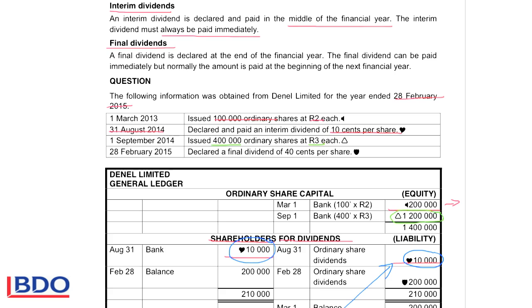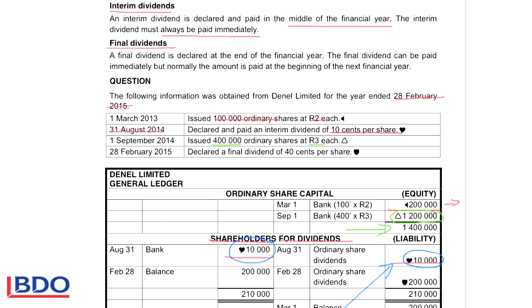Now we've got the 200,000 from the previous year, plus the 1.2 million for the current year. So my total capital at this stage is 1.4 million Rand. That was the total money that was obtained from shareholders to provide capital for the company.